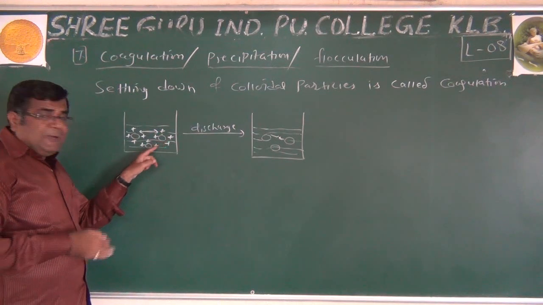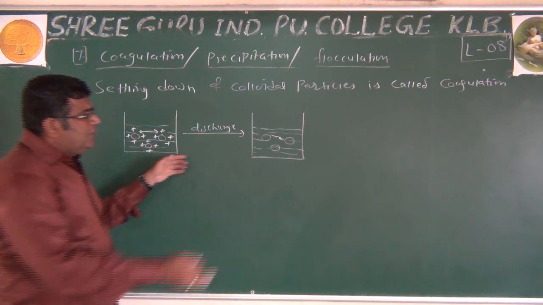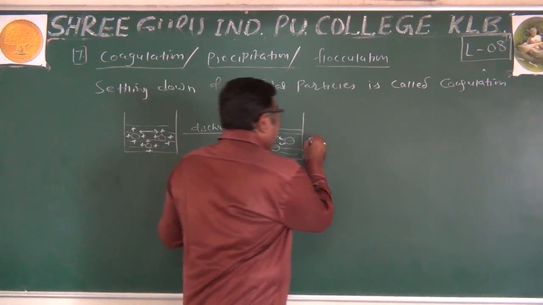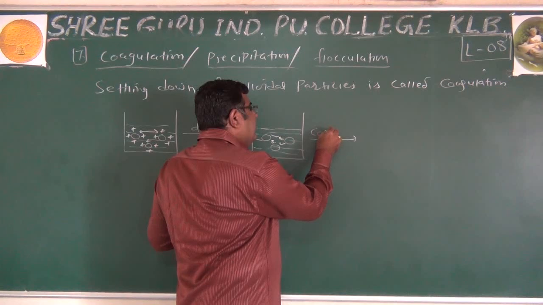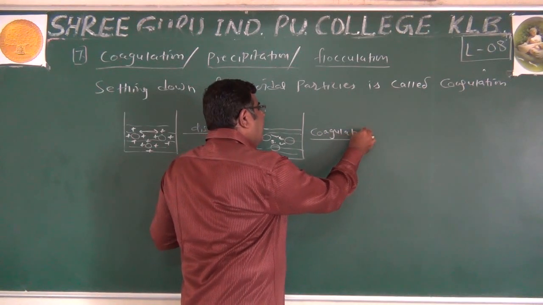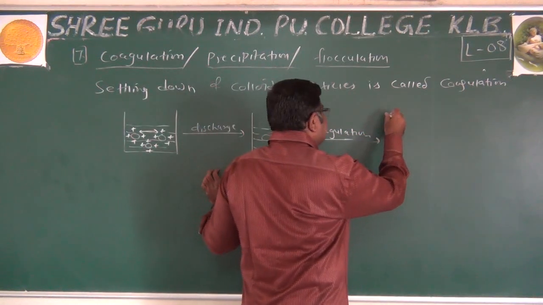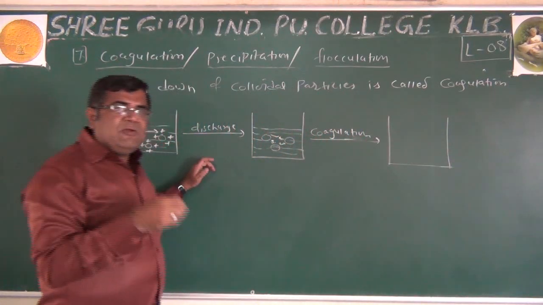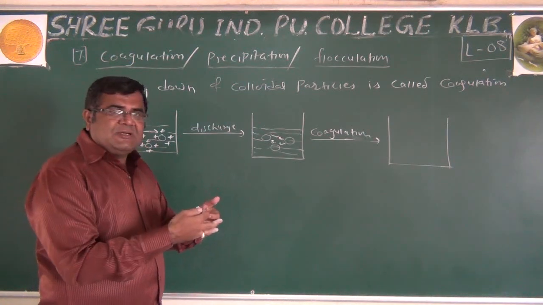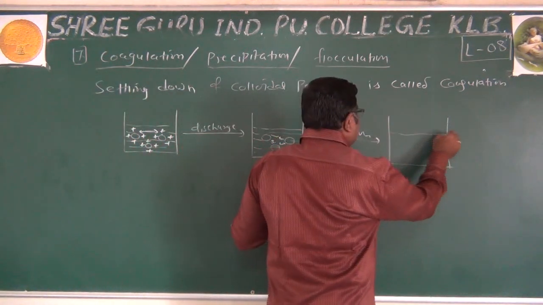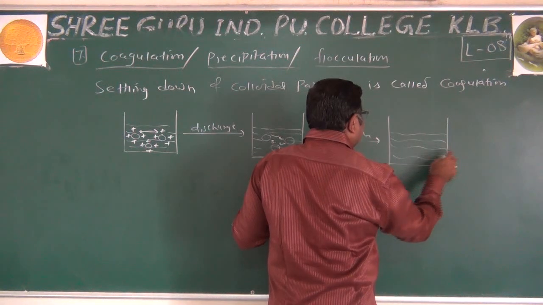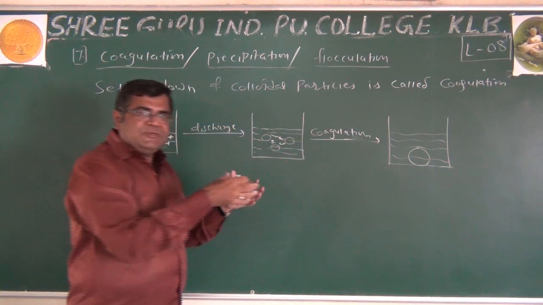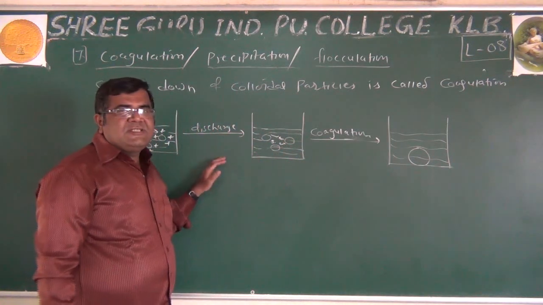Once this charge is wiped out, they may come closer like this, and coagulation will take place. Coagulation is like cooperation, coming closer. And there is a possibility that the particle will grow in size by summation, and it settles down.